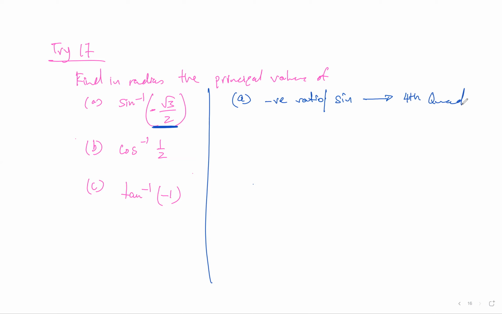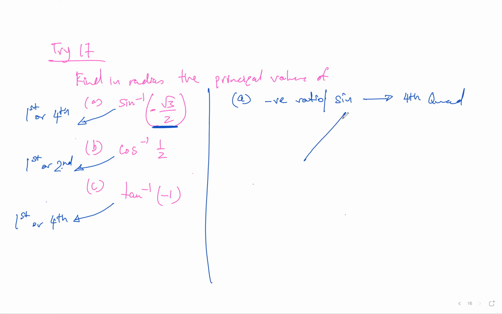Because for sine, it can be only first or fourth quadrant. For cosine, it is first or second quadrant only. Tangent is also first or fourth quadrant. Can you understand this portion? So it must be the fourth quadrant. Square root 3 over 2 is a special angle.